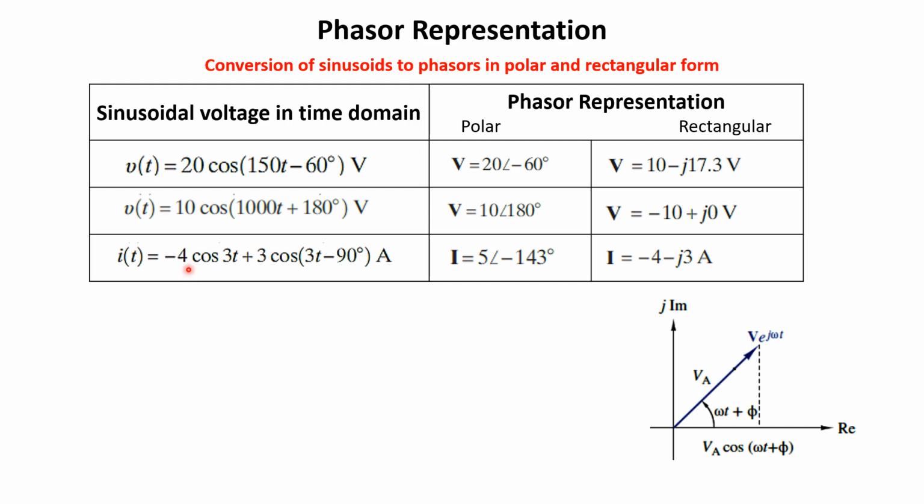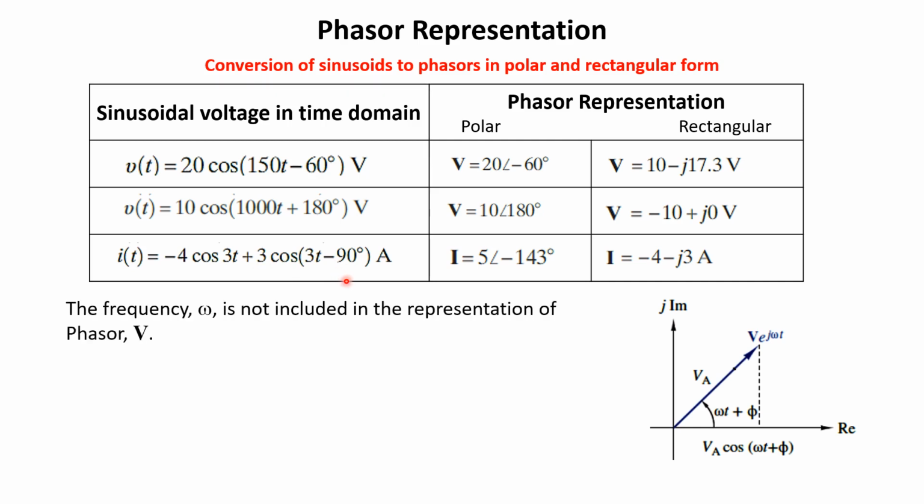This will be represented using its peak value or the magnitude, and the phase angle, which is 0, and this is the peak value, and here in phasors this will be the magnitude, and minus 90 degrees is the phase angle.